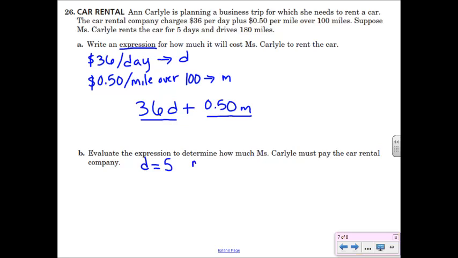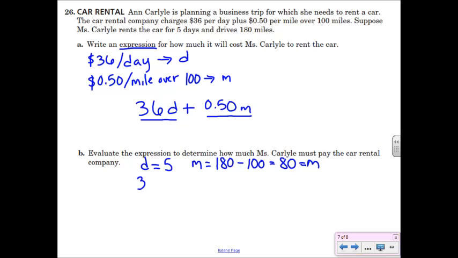So M is how many miles she went minus 100. So she went 80 miles over 100. So 80 is what M is.